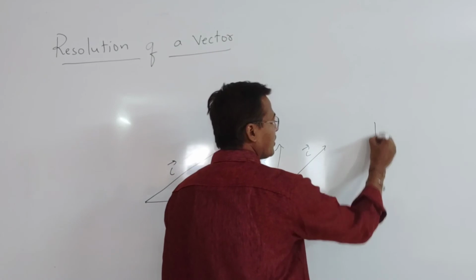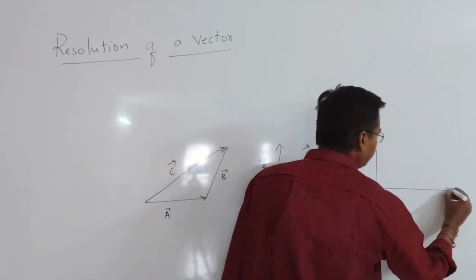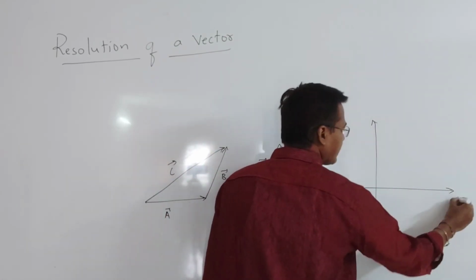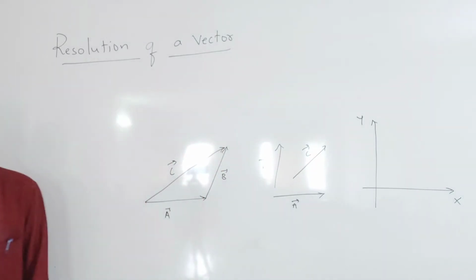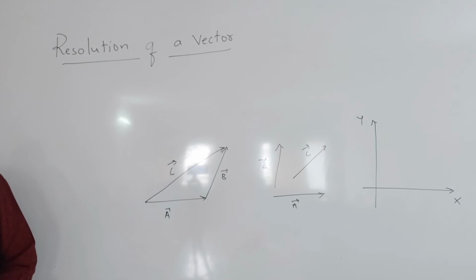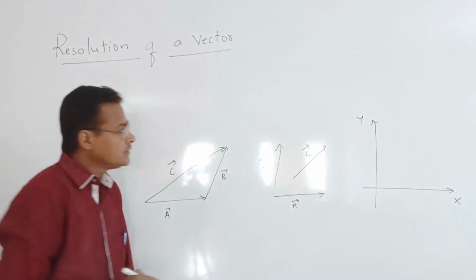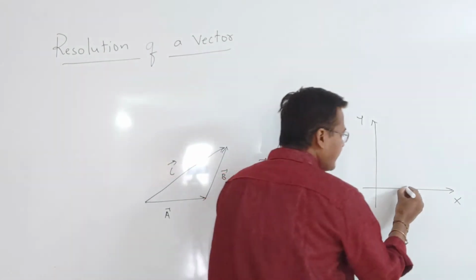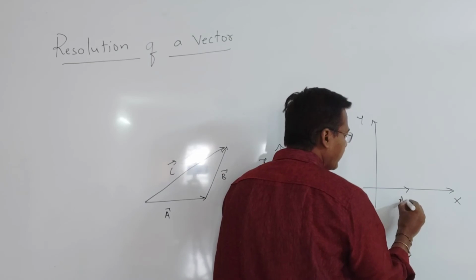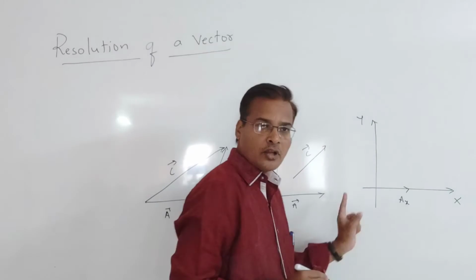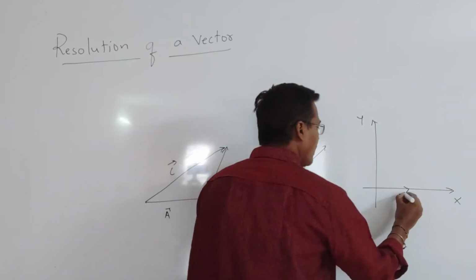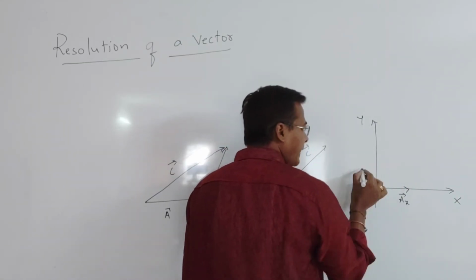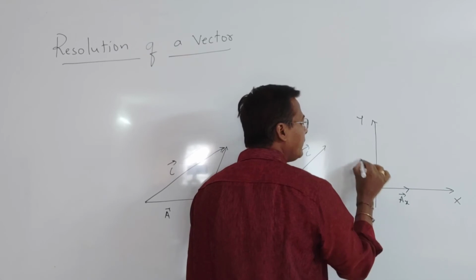So this is the x axis, this is the y axis. Along the x direction we take the ax vector, and along the y direction we take the ay vector.